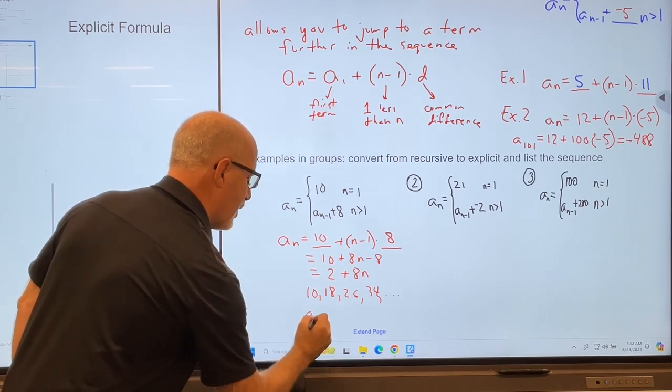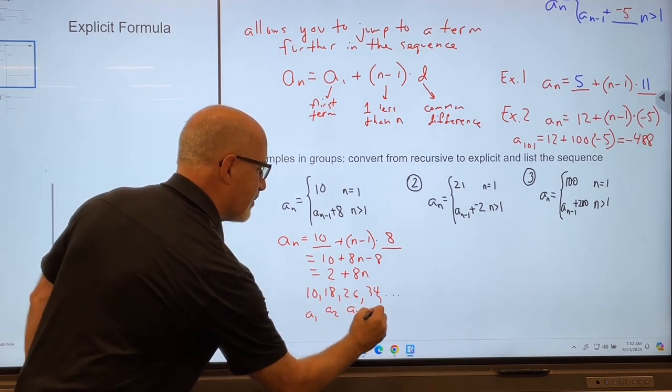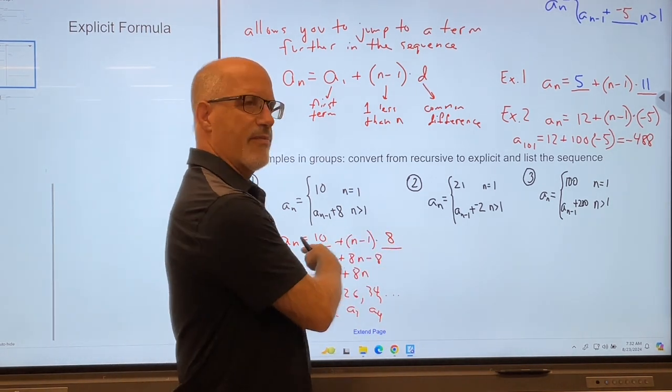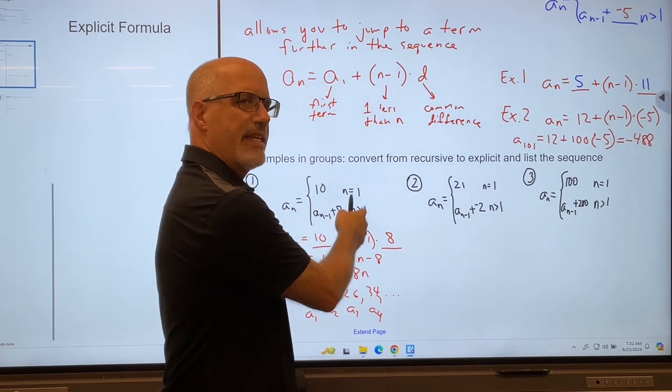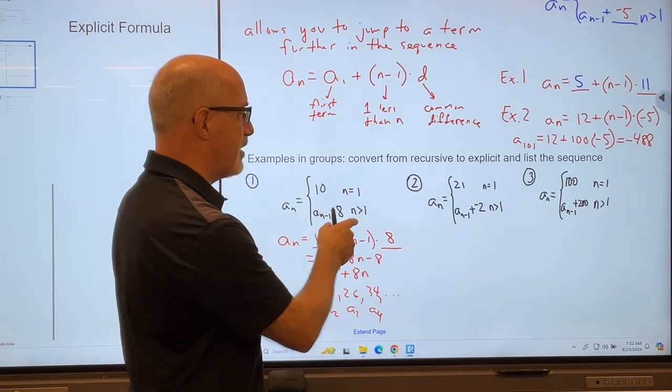This is a sub 1, a sub 2, a sub 3, a sub 4, and so on. So if I wanted a sub 500, I just put it into this formula, 10 plus 499 times 8. All right, so let's write this one out.